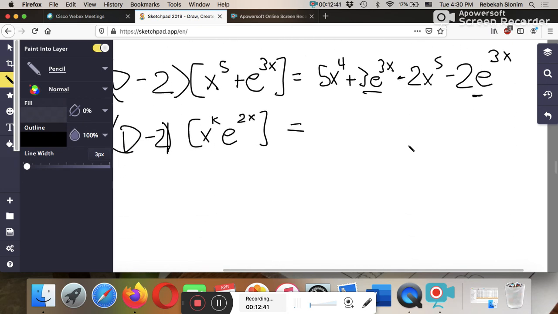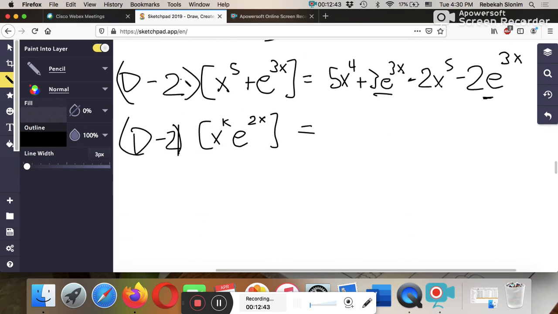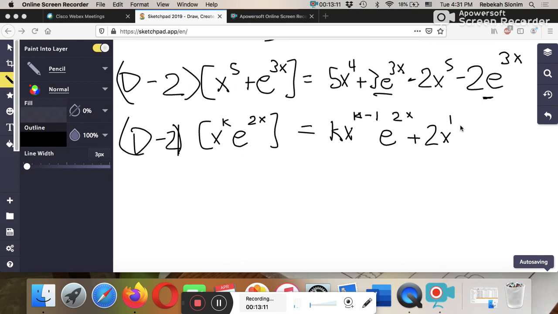We can do that again real quick. It's just a quick application of the product rule. So k x to the k minus 1 times e to the 2x plus 2x to the k e to the 2x, right? It's the derivative of e to the 2x times x to the k. So 2x to the k e to the 2x.